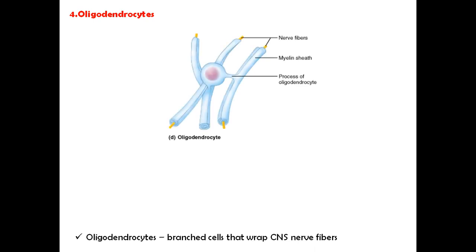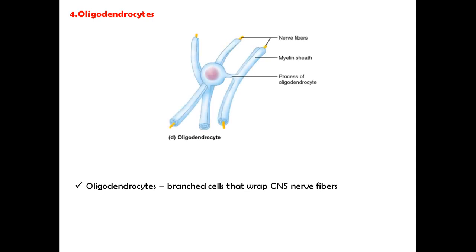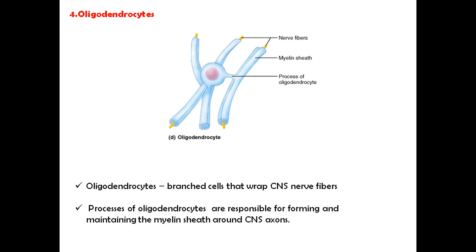Fourth one is oligodendrocytes. Oligodendrocytes are branched cells that trap the central nervous system nerve fibers. Processes of oligodendrocytes are responsible for forming and maintaining the myelin sheath around the central nervous system axons.